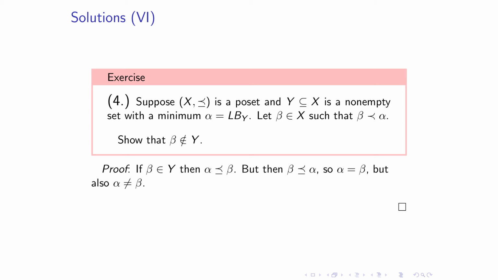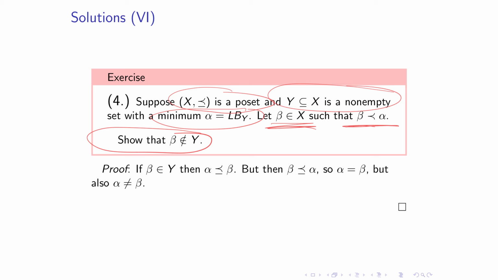So finally, we'll look at this exercise where if we have a poset, a non-empty subset, and we assume that this non-empty subset has some minimum, then let beta be any element of X which strictly precedes alpha. We will show that beta cannot be an element of Y. The proof will be very short and sweet.